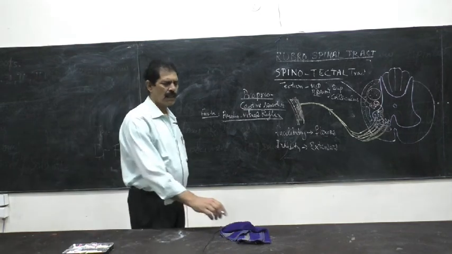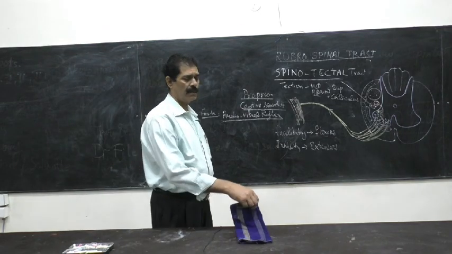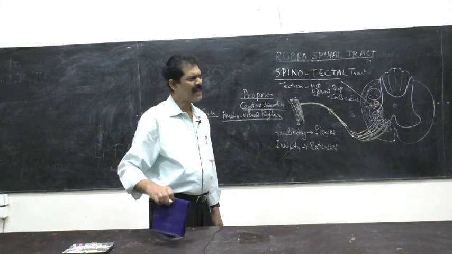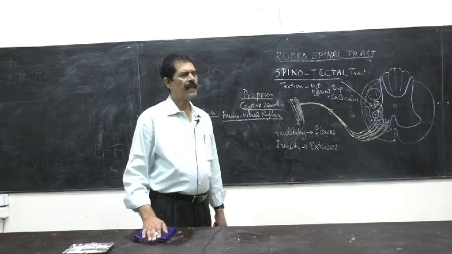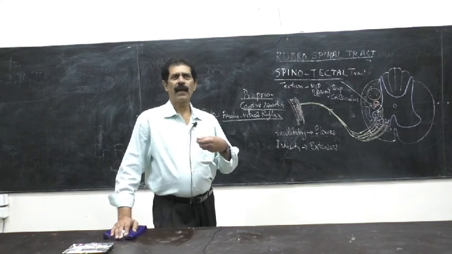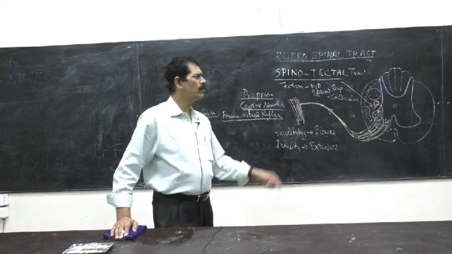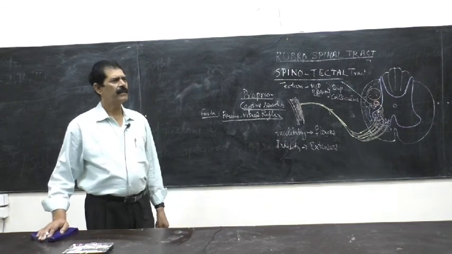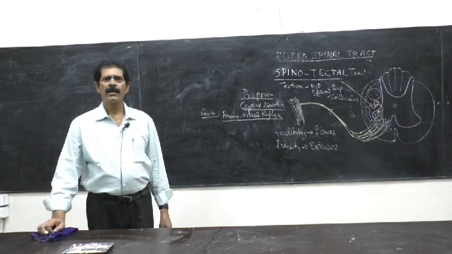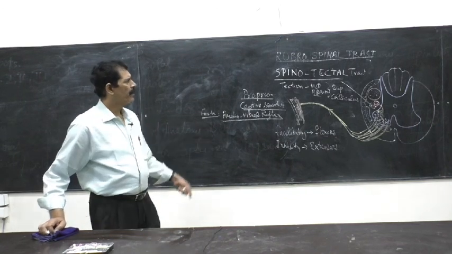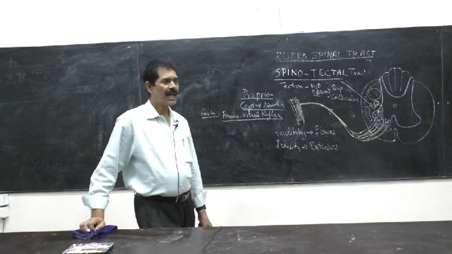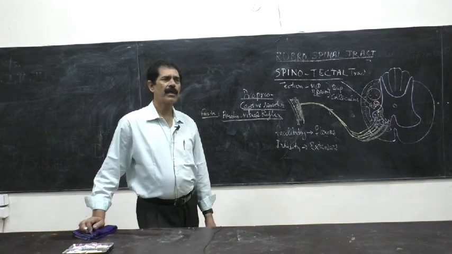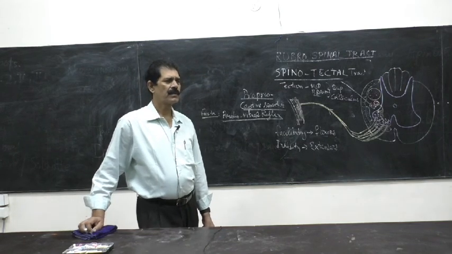If there is a sudden noise or a sudden bright light, then our head and neck automatically move in that direction. So there is movement of the head and neck towards the source of the sound and the light. This tract is incorporated with the superior colliculus.